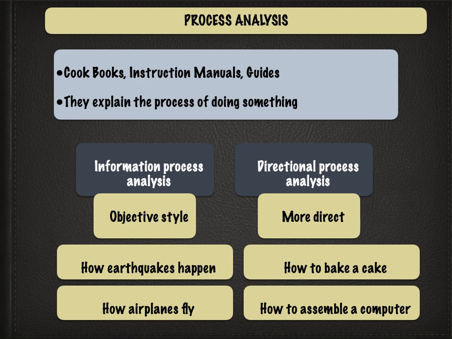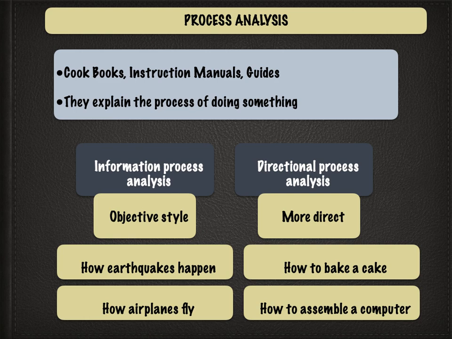This is process analysis. And I'm sure this is something which all of you might have gone through at least once in your lifetime. At least you might have gone through some cookbooks or sometimes a few instruction manuals or guides. Now, process analysis means it explains the process of doing something.